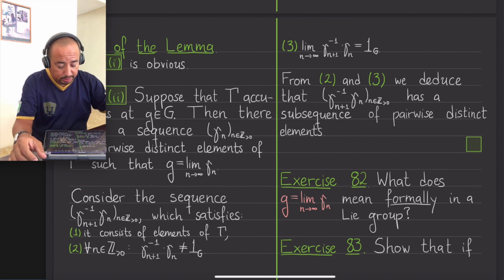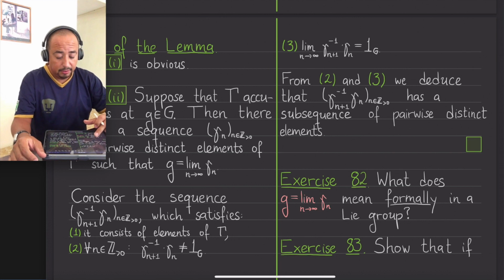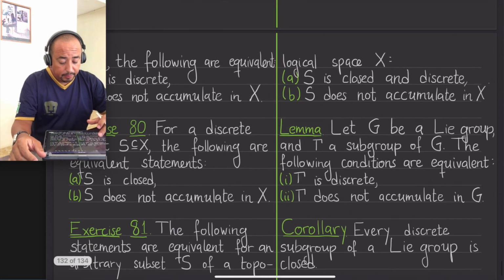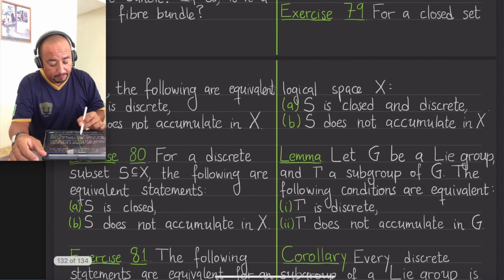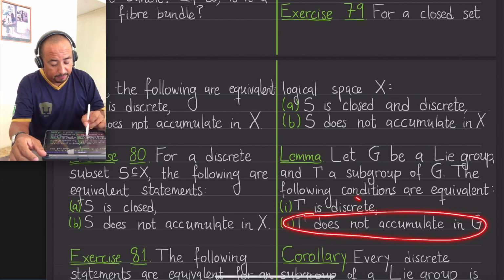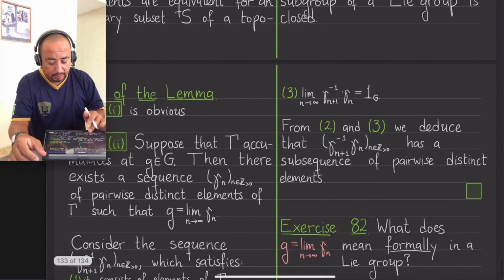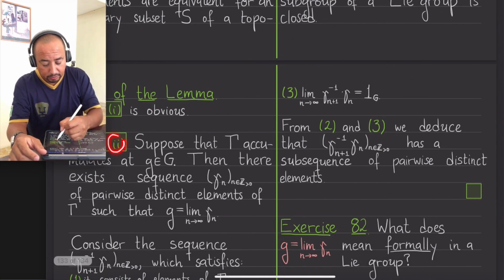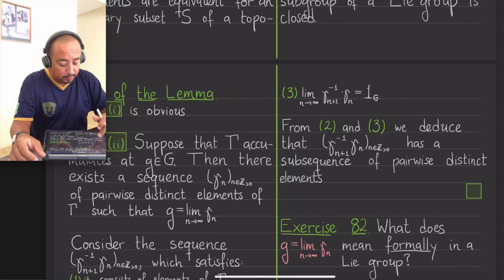With that subsequence, we see that the identity is an accumulation point of gamma. So if gamma accumulates in G, then gamma accumulates in itself, namely in the identity. So we prove that not this implies not this, and we are done.